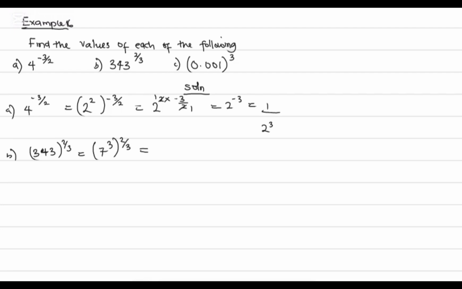And this will be 7 raised to power 3 times 2 over 3. And obviously, 3 here 1, 3 here 1. That will give us 7 raised to power 2, and then we have 49.